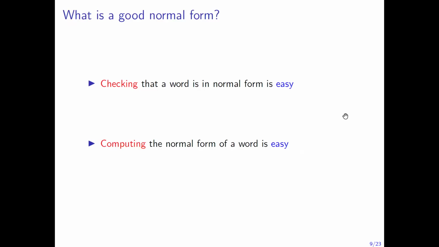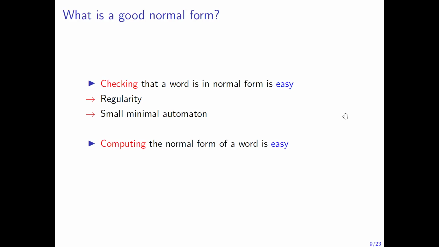A good normal form is a normal form for which it's easy to check whether a word is in it. If we cannot even do that, it's kind of pointless to have a normal form with which we cannot do anything. This will be linked to the notion of regularity, so being recognized by a finite automaton. And in a perfect world, the minimal automaton recognizing this language would be small.